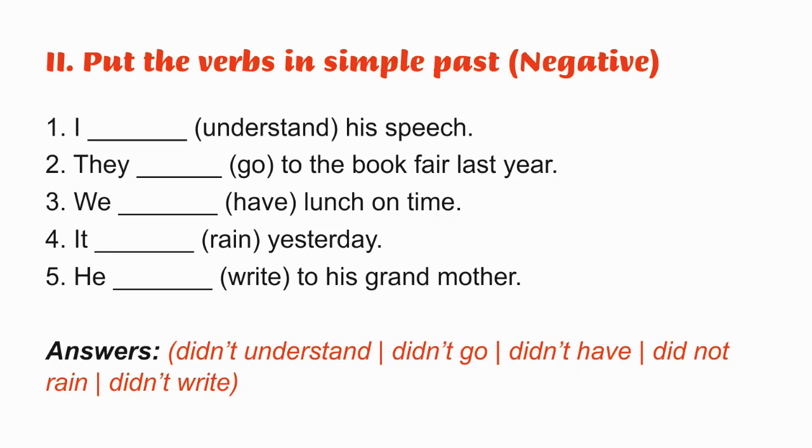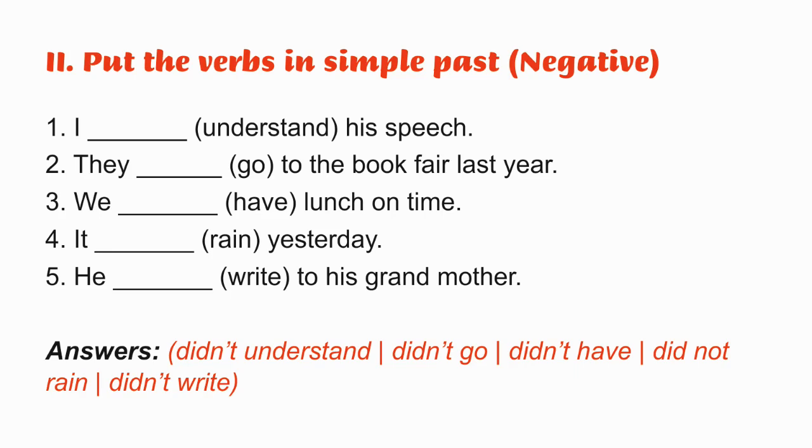Number 2. They blank to the book fair last year. In bracket, go. They didn't go. Very good. Number 3. We blank lunch on time. In bracket, have. We didn't have lunch on time.